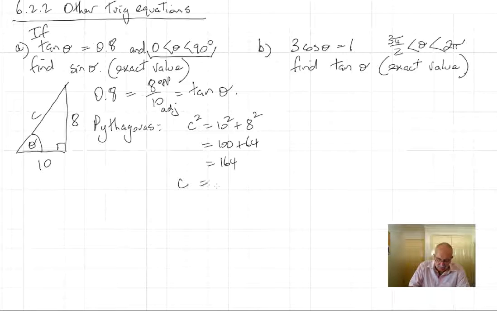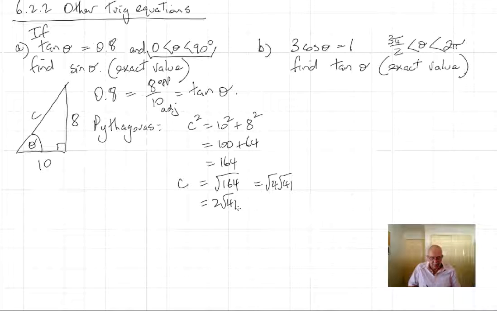So c is equal to the square root of 164, which is equal to, I can see that 4 is certainly going to go in there, so that'll be root 4 root 41, and so that's 2 root 41. So that's the length of c. So we can put on the diagram there 2 root 41.